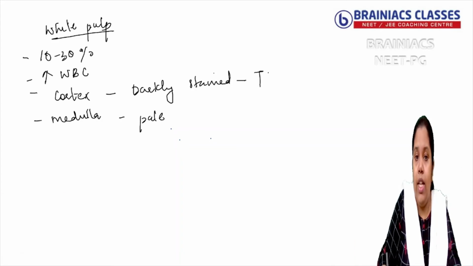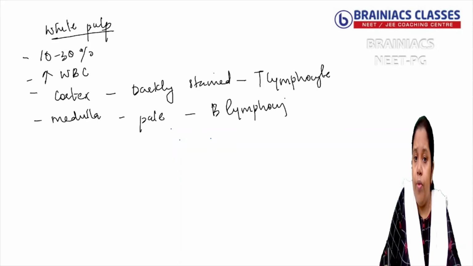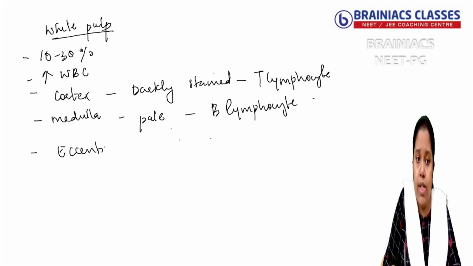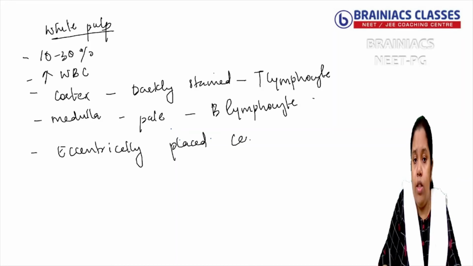The cortex has T lymphocytes and the medulla has B lymphocytes. There is an eccentrically placed central arteriole.